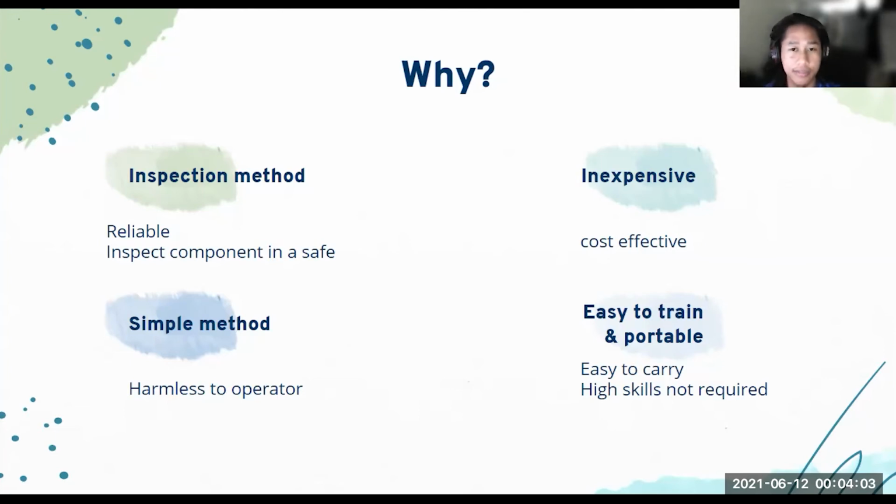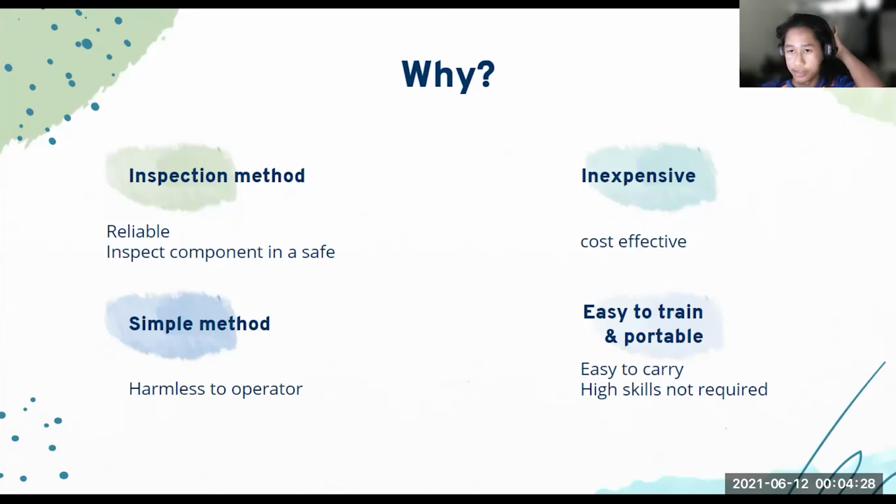Okay, I will explain about why and who. The why part is about why the non-destructive technique is widely used in the whole world. Either it is a big or small company, they will use NDT visual to do inspection.